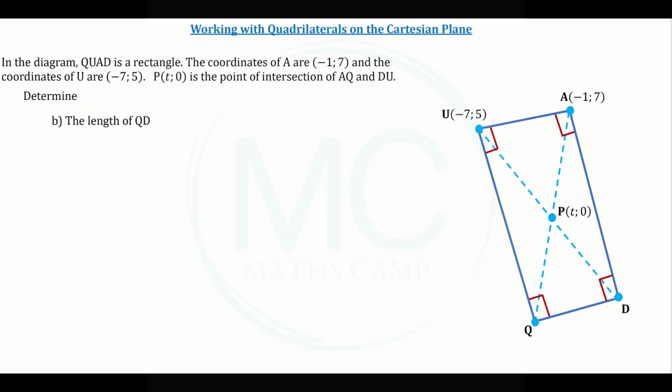On our diagram, we can draw a small line on UA and a small line on QD. These small lines show us the lengths of these two sides are the same. We have the coordinates of U and A, so let's use the distance formula to find the length of the side.